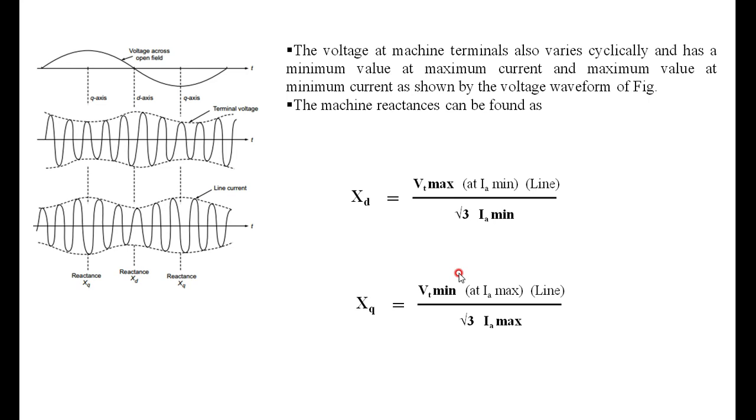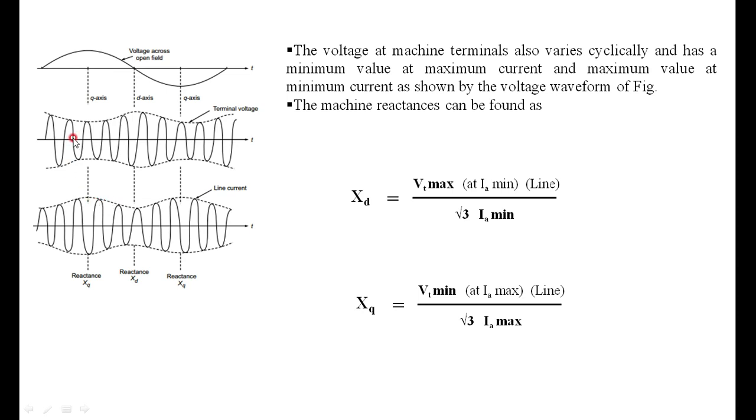Similarly, Xq can be calculated as the minimum voltage divided by the maximum current. Vt minimum is the minimum deflection of the voltmeter reading, divided by root 3, which again gives the phase value of the voltage, divided by the maximum current.